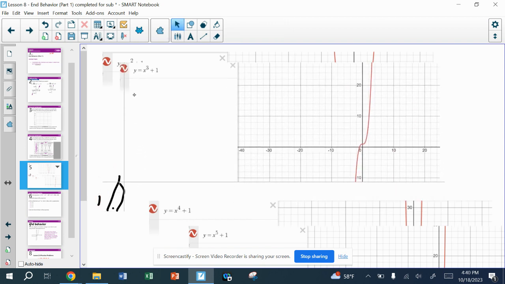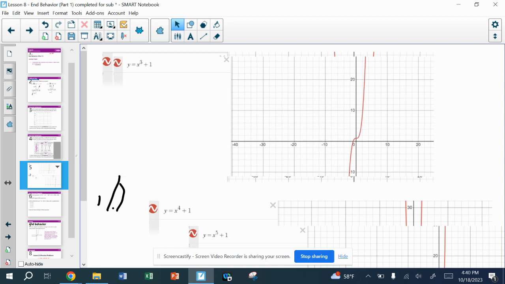There we go. Okay. This is the third degree one. It starts low and then goes high, right? It makes this kind of a squiggle shape. It starts low, kind of crosses over. They added one purposely so it wouldn't go right through the origin, and then goes up high.